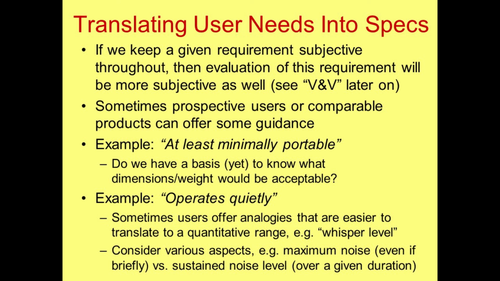Either we pause and do more research, or we make the judgment that we can proceed, at least somewhat, with a somewhat indefinite requirement for now, and then at some point later we are going to have to refine that. In some instances, if we go all the way to validation without having made our requirement more objective, then we're taking a significant risk. There are times when that's not avoidable. We can talk more about that later. But the bottom line is an honest subjectivity is better than a false objectivity.